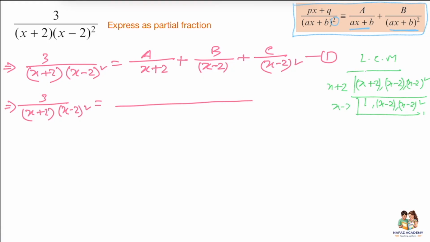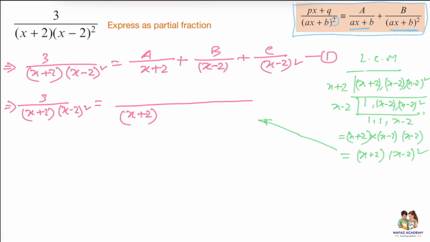Now divide by x minus 2. It is 1, and it is x minus 2. So x plus 2 times x minus 2 times x minus 2. What is the result? x plus 2 and x minus 2 squared, right? It is the LCM result. Write it here: (x plus 2)(x minus 2) squared, whole squared.